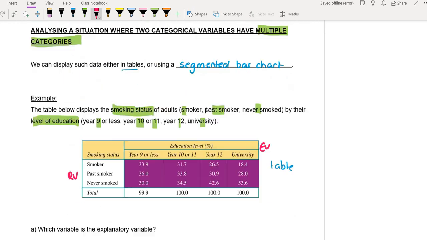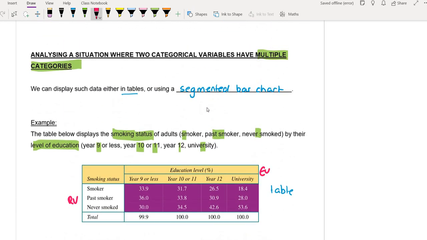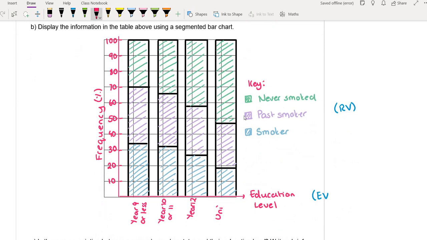The best way to display this type of data when we have multiple categories is using a segmented bar chart, which we looked at briefly in our last topic. A few things to be careful of here: having some gaps between the bars, because it's a bar chart. Making sure that you have your scaling correct, so every step is like 10%, or in your case could be 20 or 15, depending on the data.